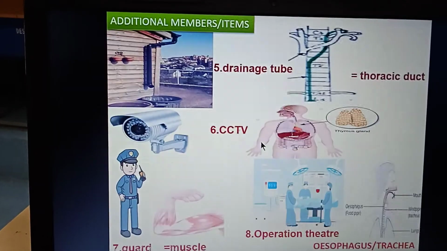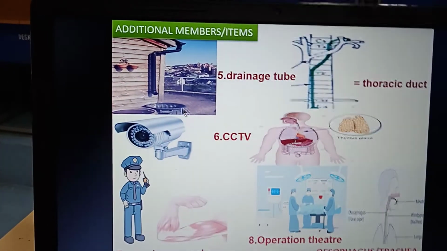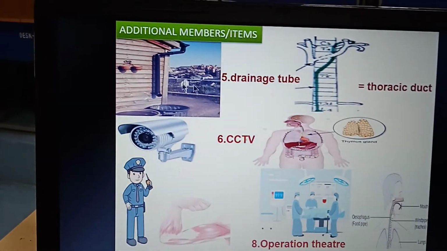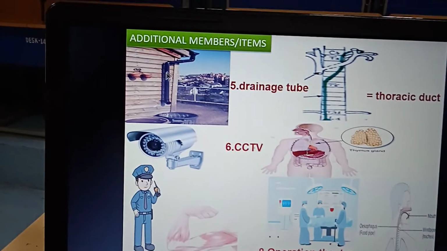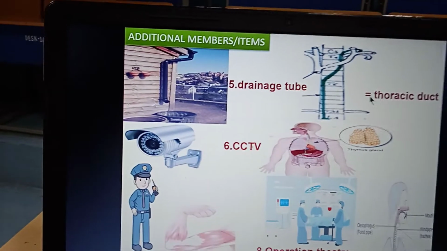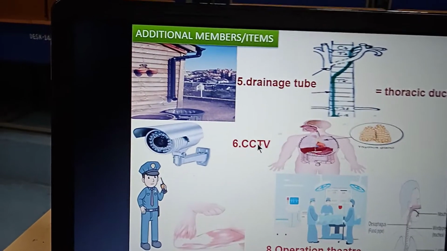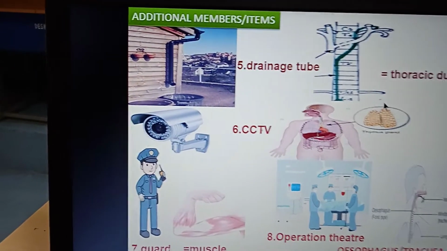Okay. Now what can be additional members or items? It is a drainage tube. Here you can see in this picture, this is the drainage tube. It is compared to the thoracic duct. CCTV for protection is the same as the thymus gland.